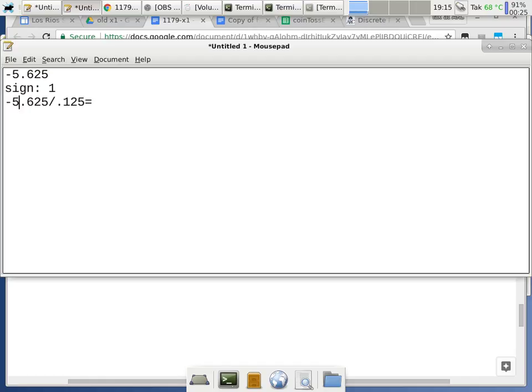The sign part is not important now because we took care of the sign using the sign bit. So we can ignore the sign at least at this point. For each one, there are 8 0.125s. So the 5 accounts for 8 times 5, which is 40 already. Is that okay? And then 0.625 itself is 5 times 0.125.